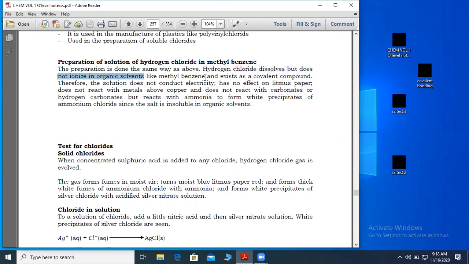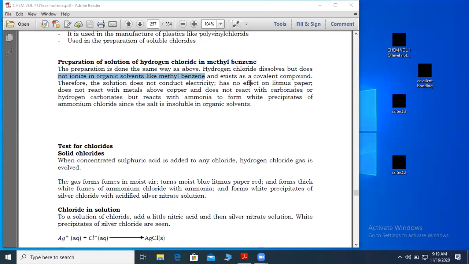So let us note this, that in water, hydrogen chloride gas dissolves and ionizes, or it forms ions, that is hydrogen ions and chloride ions. But in methylbenzene, hydrogen chloride dissolves but does not ionize or does not form ions.